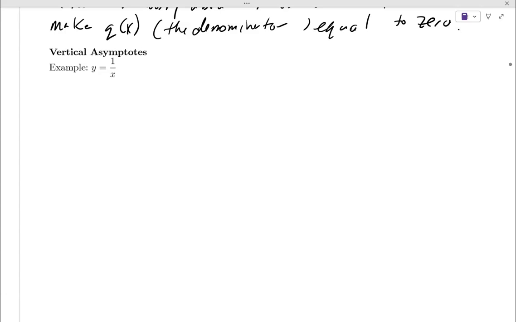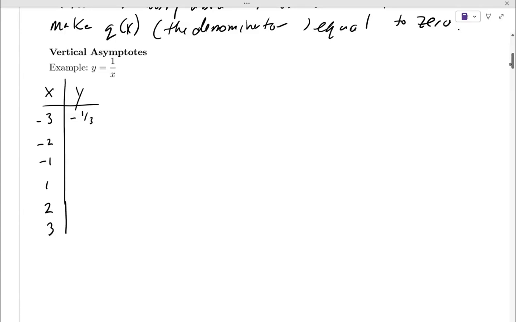We've already talked about what the graph of this looks like, but just to remind, if we pick some points for x, let's start with a few here. I can't plug in 0, but let's start with some integers. If you put in -3, what do we get out? -1/3.